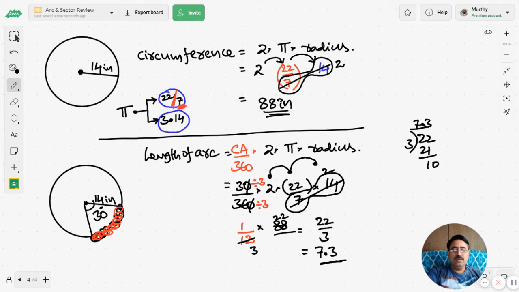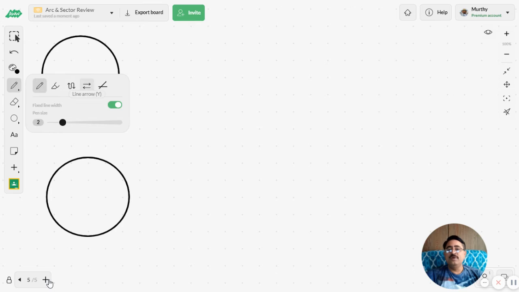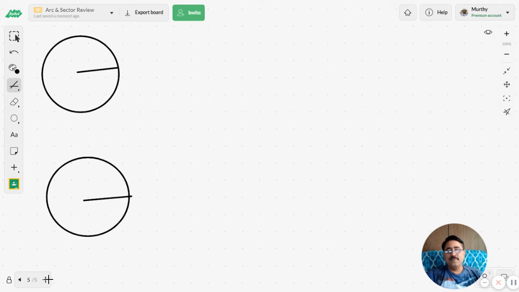Now, any questions on this? All right, let me take the next one. I'm taking 2 more circles. This time, I'm taking a radius value which is not a multiple of 7, some other value.